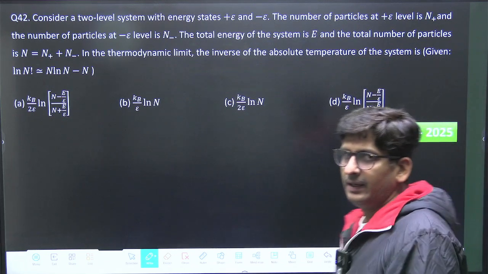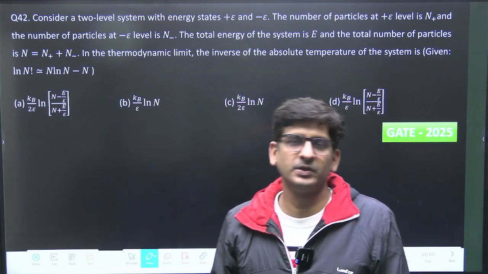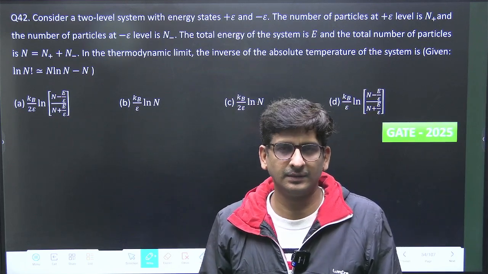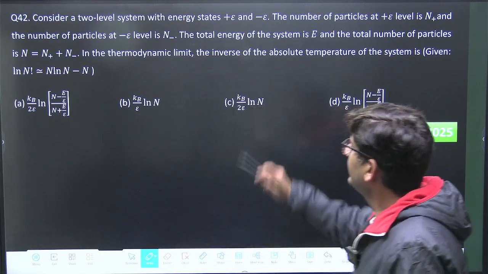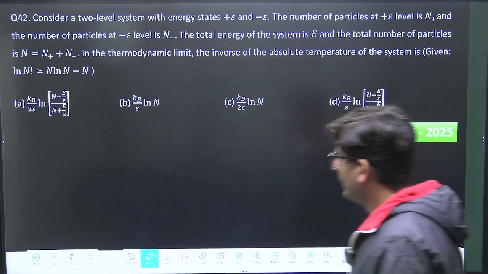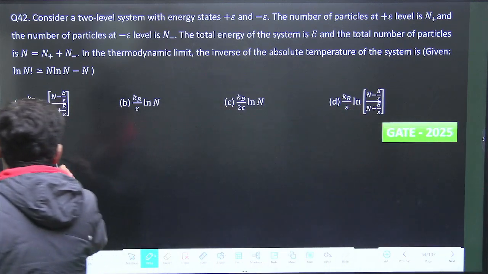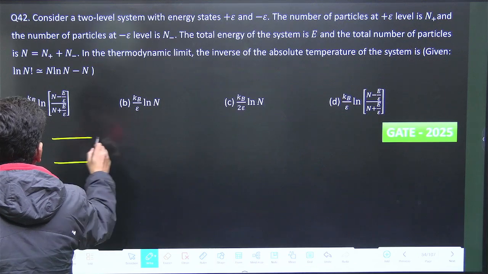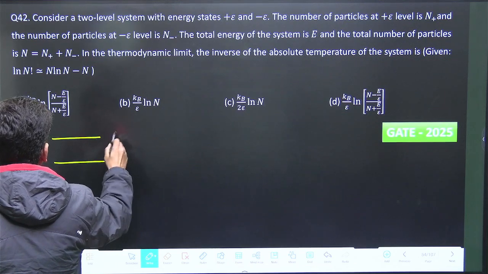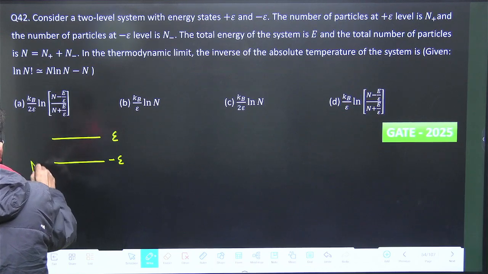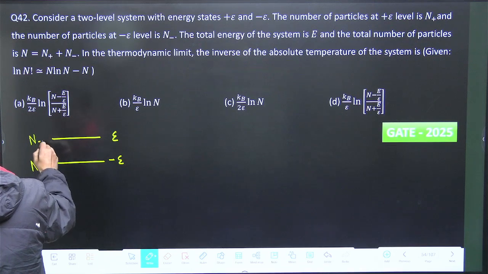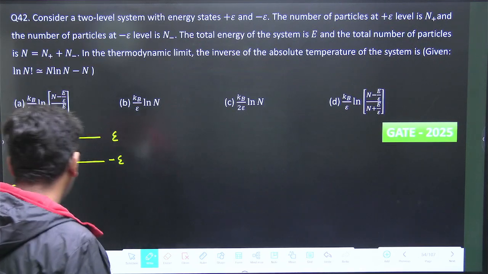Sometimes I teach this question as a topic also in the class for Microcanonical Ensemble, because you can see in this question there are two energy levels given. If you make the energy levels like this, it will be minus E and plus E, and out of n particles, n minus particles are going here and n plus particles are going here.